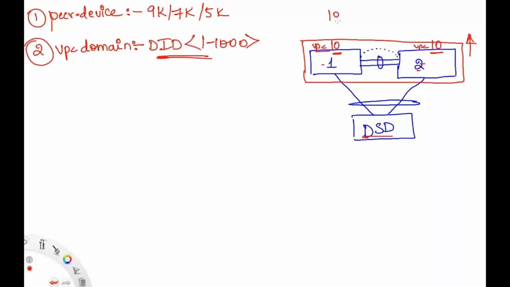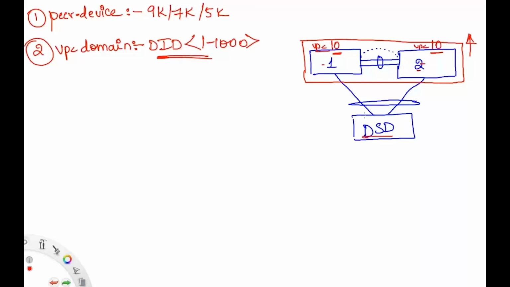What if I configure domain ID 10 on one device and domain ID 20 on another device? Your domain will not come up. So for the domain to come up, please make sure that on both of these peer devices, you are configuring the same domain ID. This is one of those parameters which is definitely exchanged between the two peer devices.